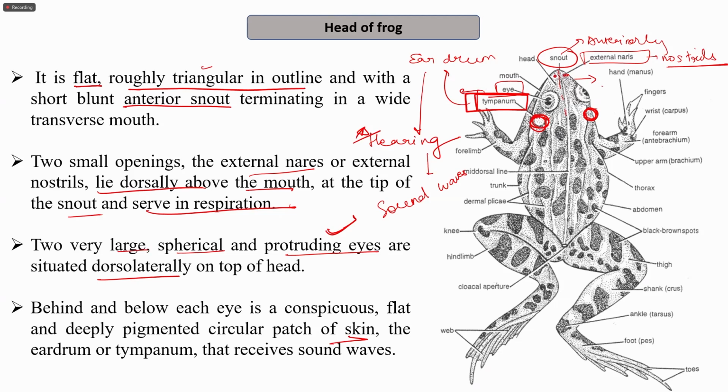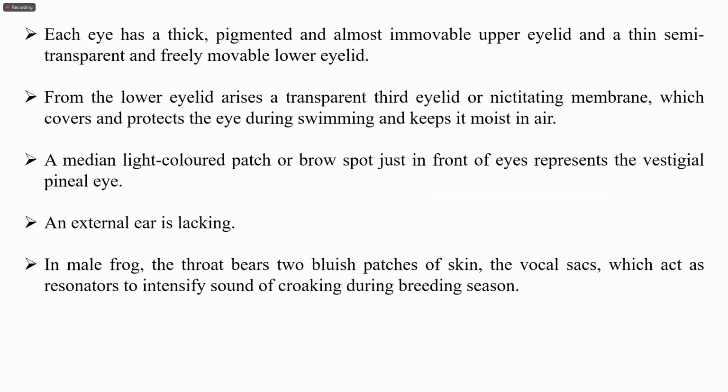They have two external openings, external nares or nostrils, that help in respiration. Now, if I talk about the eye, each eye has a thick, pigmented and almost immovable upper eyelid.